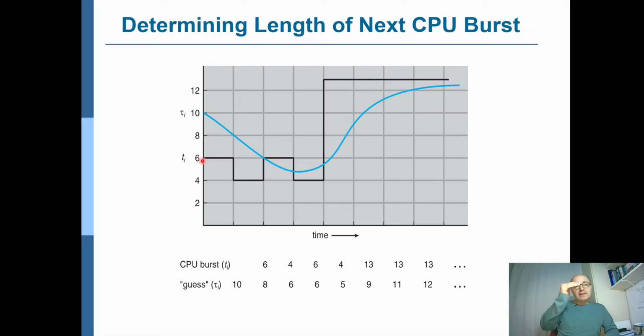Therefore, I start lowering my expectation. In the next burst, it happens to be even lower. So I was lowering my expectation, but reality gets even lower.